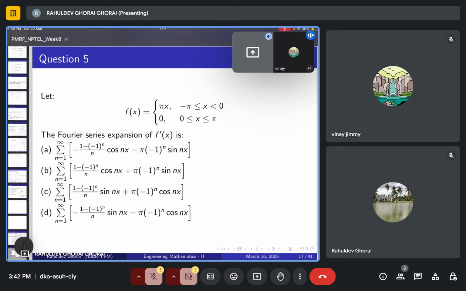Try to find out at 0, it won't be differentiable, I guess. This is a good question, right? It's not easy. Do try, otherwise I'll tell.